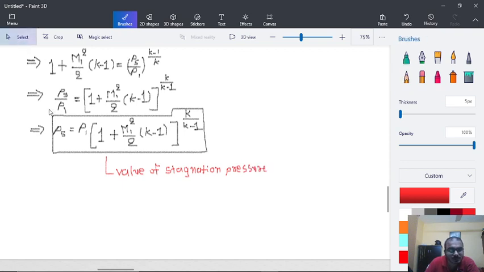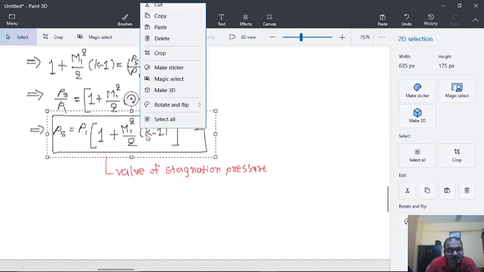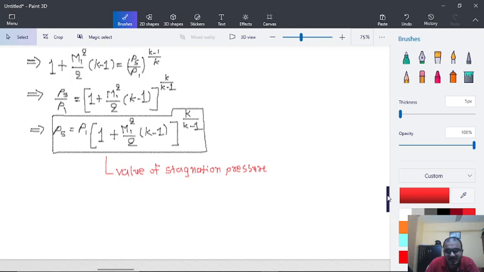So now let's copy this equation towards the top.